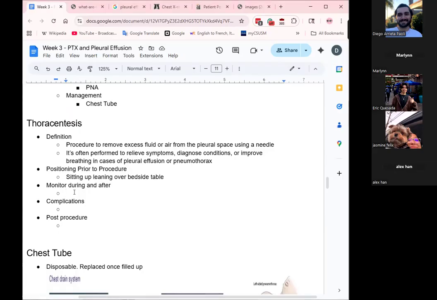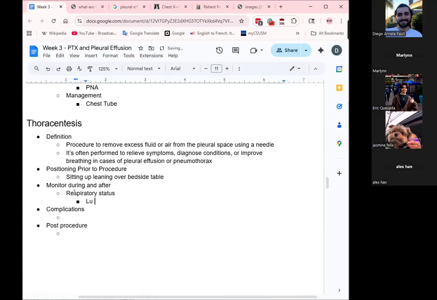Yeah, definitely the lung sounds. So put respiratory status, their O2 sat. That's going to include their lung sounds, their O2, their respirations. WOB, did you mean SOB, or work of breathing? Breathing effort. We'll count that as breathing effort.